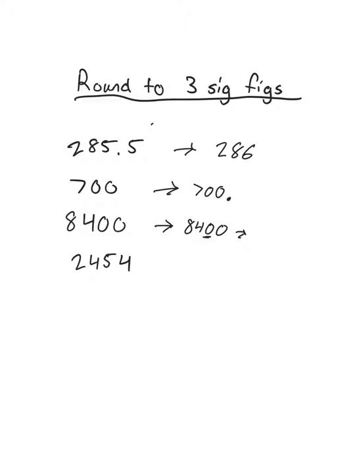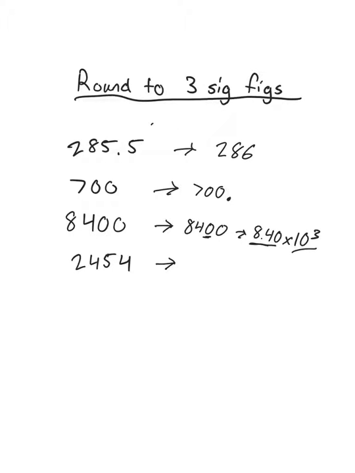Or, which I usually do, is I convert it to scientific notation, which I put 8.40 times 10 to the third. So notice in scientific notation, I didn't put 8.4, I put 8.40. So every single number I put in scientific notation does count as a significant digit. And this 10 to the third, this does not count when it goes to sig figs.